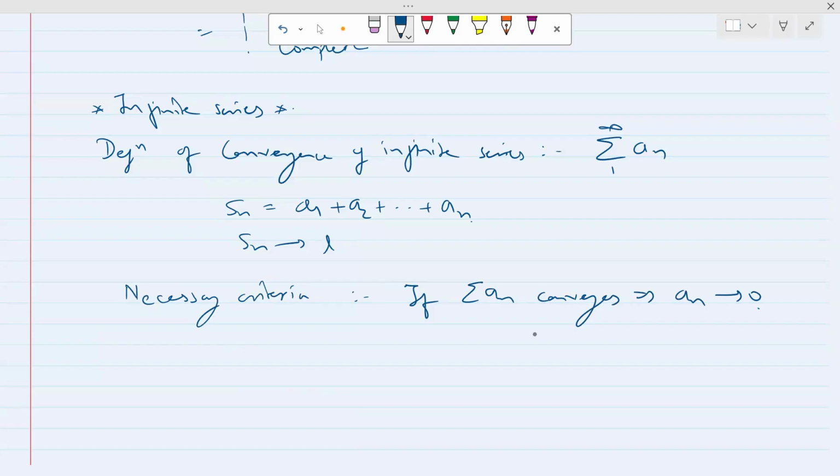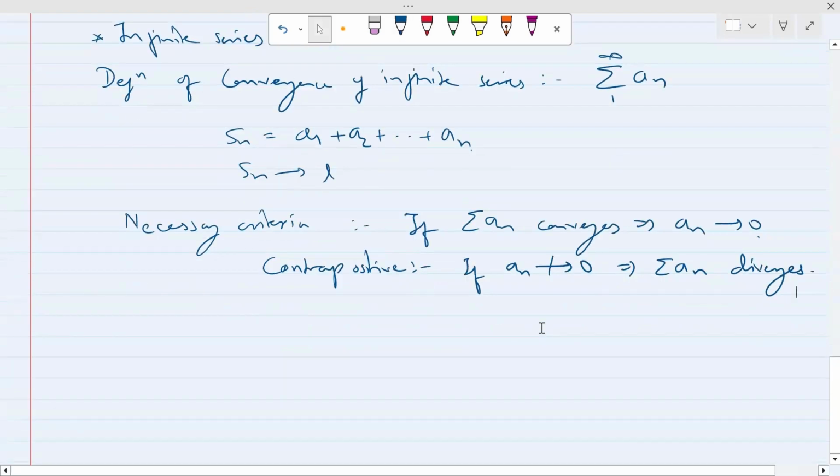The important part of the statement is the contrapositive: if an does not go to 0, then summation an diverges. Good.